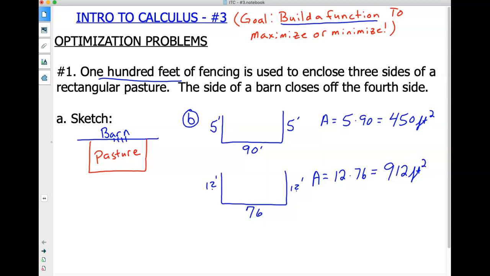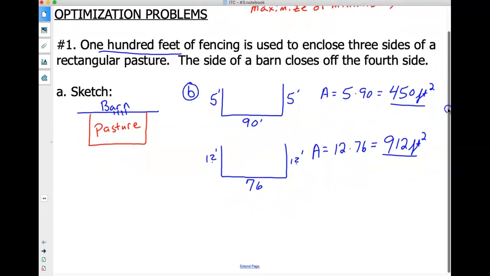So obviously, as we change the width of the pasture, our area also changes. And we want to find the perfect width that is going to maximize our area in the end.